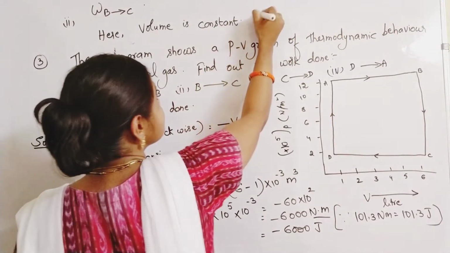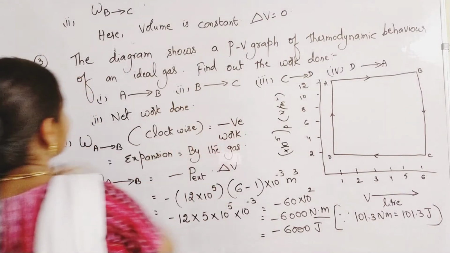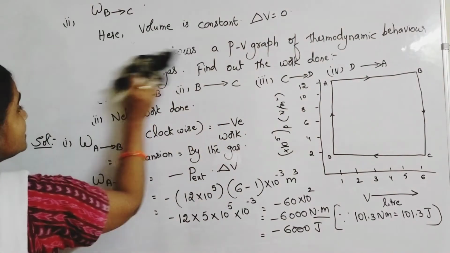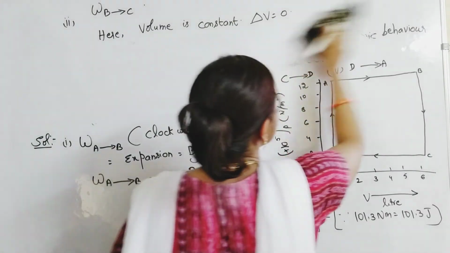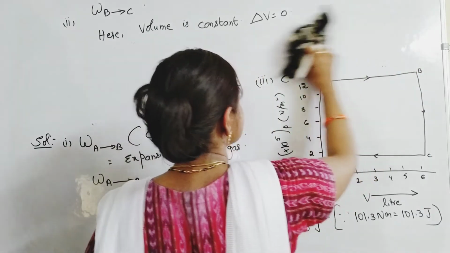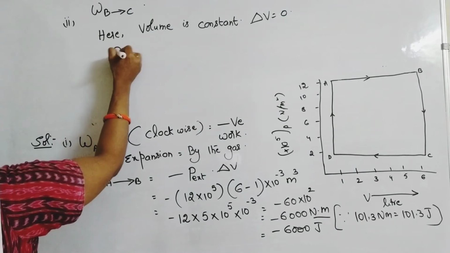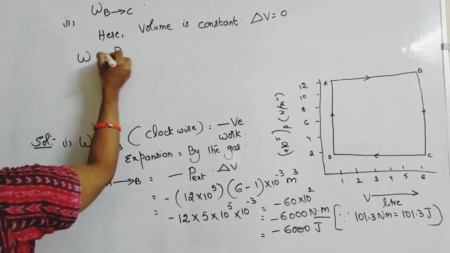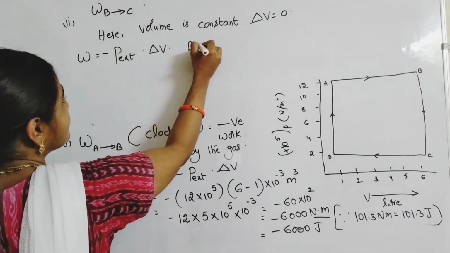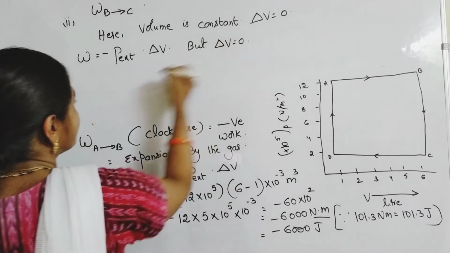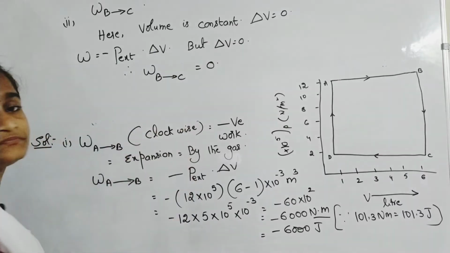Okay, so if volume is constant, delta V is equal to 0. So work done will become what? P external into delta V, that means P external into 0. Okay, I am just rubbing the question. Diagram will be as it is. W is equal to what? Minus P external into delta V. But delta V is 0. Therefore, work done from B to C is 0, isn't it?